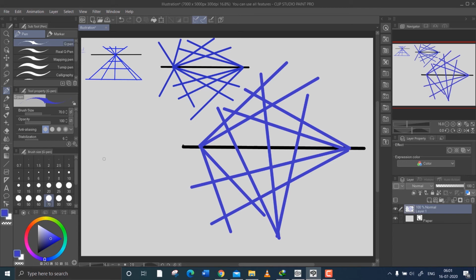First, we have an object receding to 2 points here and here, and then it recedes to the third point.